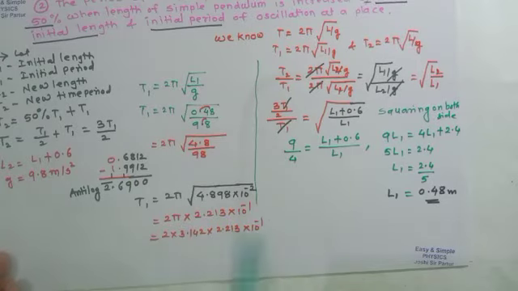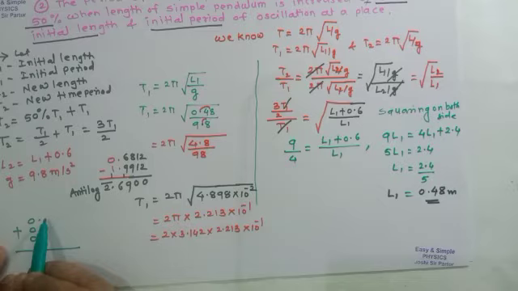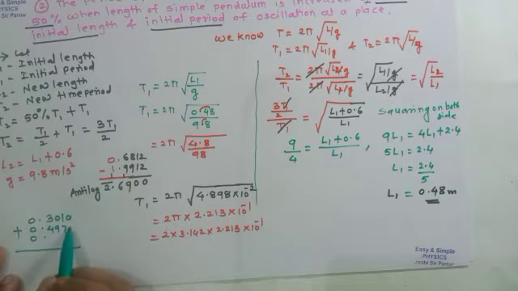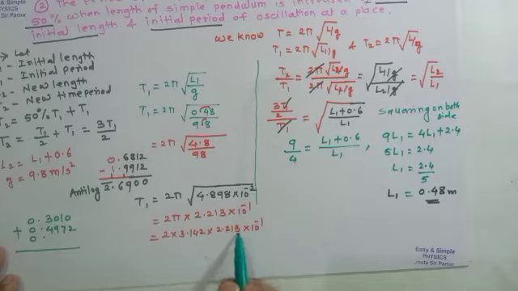By seeing the logarithm, logarithm for 2 is 3010, logarithm for 3.142 with mean difference is 4972, logarithm of 2.213 is 3450.